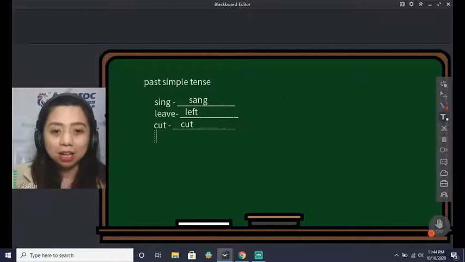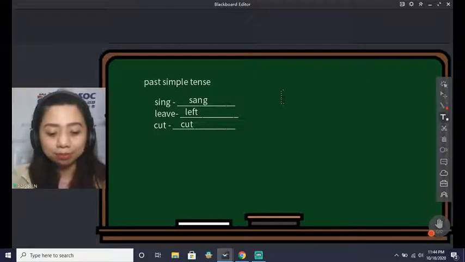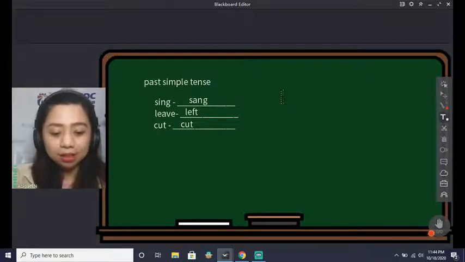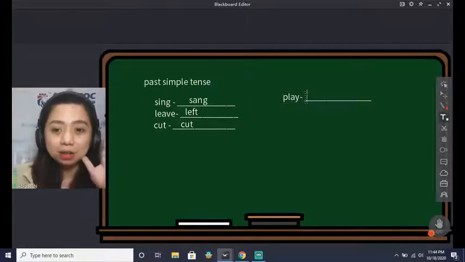And, okay, let's have the regular verbs. So we simply add ed at the end of this verb to make it in past tense. For example, let's say play. So what's the past tense of play, class? So it is played. What's the past tense of cook?